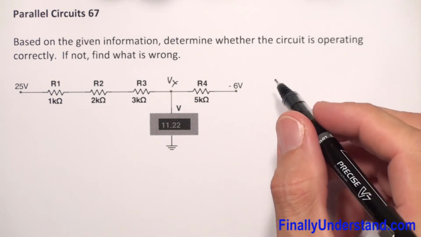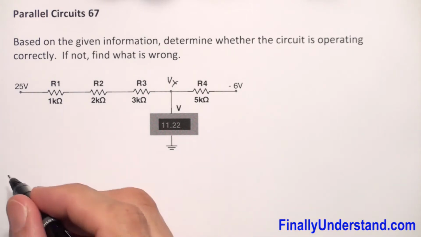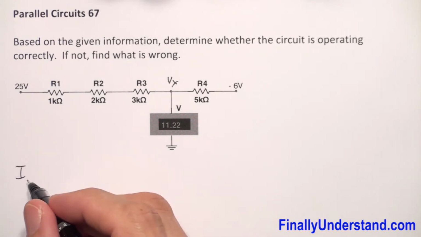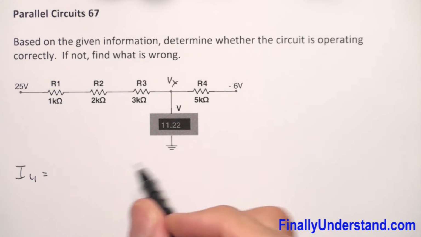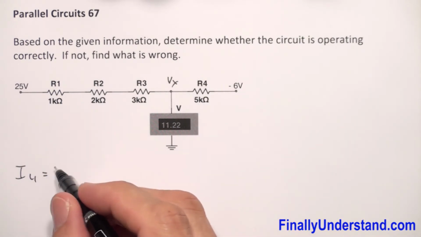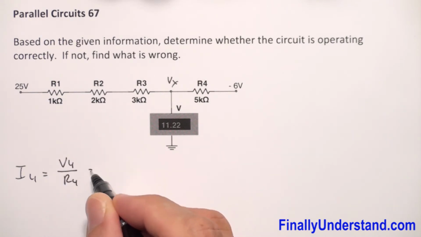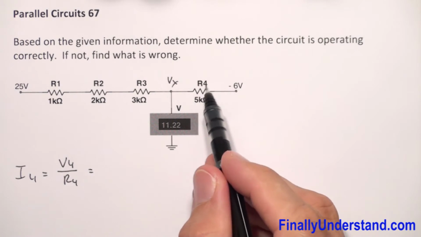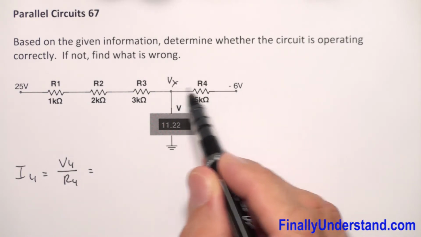So what I'm going to do right now, I'm going to find I4. But in order to find I4, I have to find the voltage across resistor R4, because I4 is equal to V4 over R4, where V4, the voltage across this resistor, is nothing else but the difference of these two voltages.